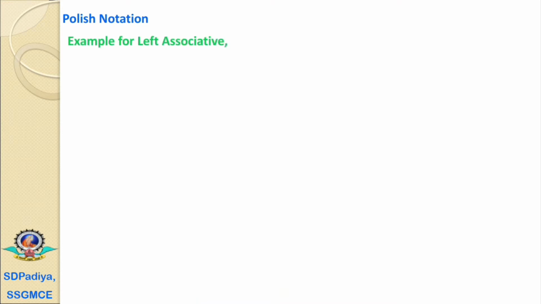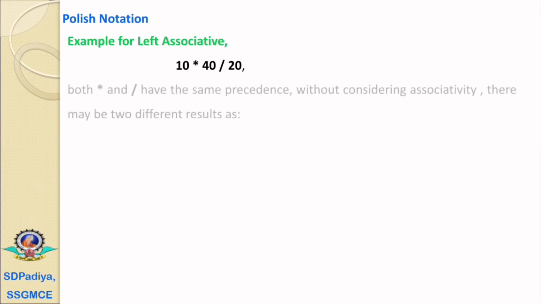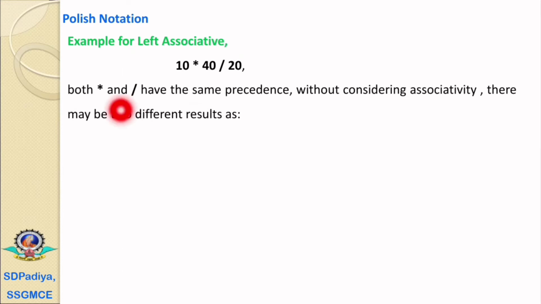Now we'll discuss an example for left associative. We have the expression 10 into 40 divided by 20. Now in this expression, both the multiplication and division have the same precedence. Without considering the associativity, there may be two different results. Actually the result is the same, but which way do we have to solve it?